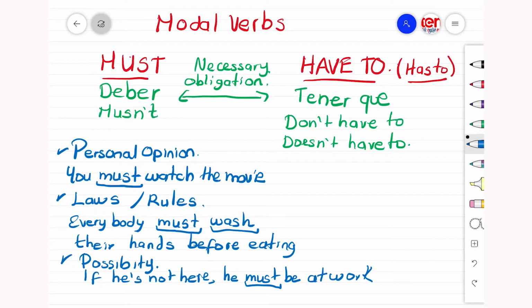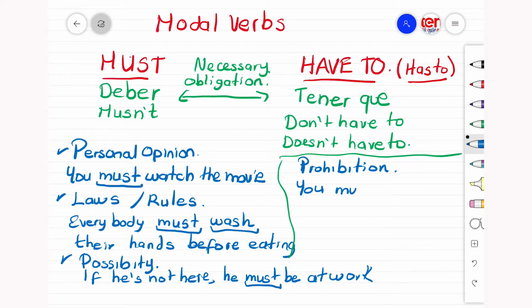Look at this. When it's a negative form, I say that it is a prohibition. For example, you must not or mustn't use your phone in a bank. No debes usar tu teléfono en un banco.